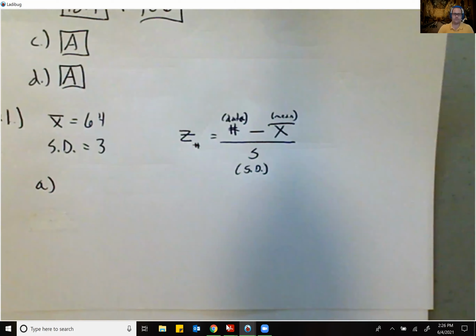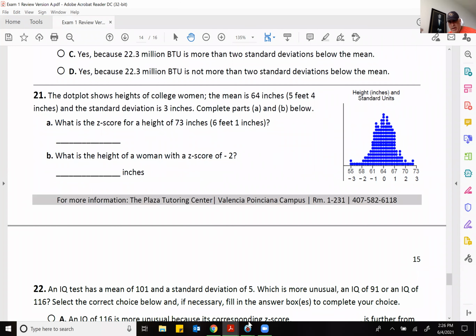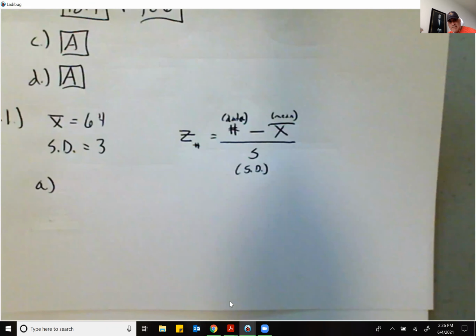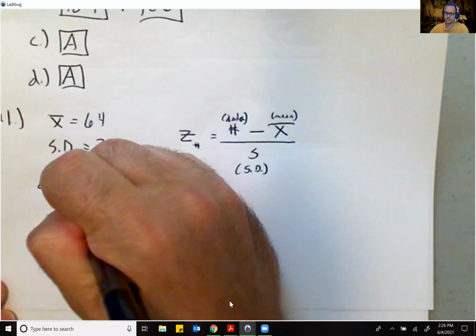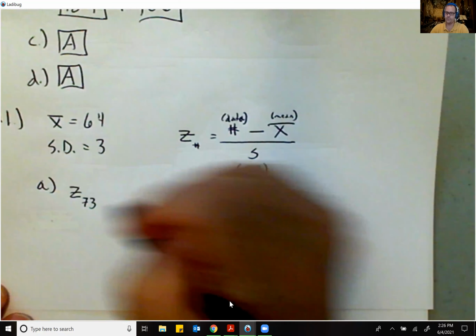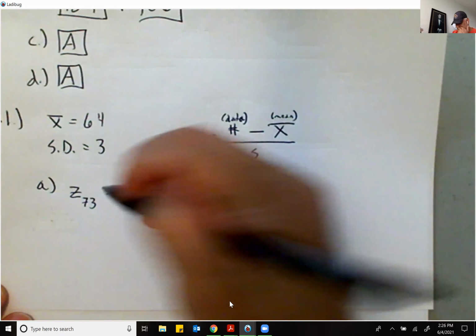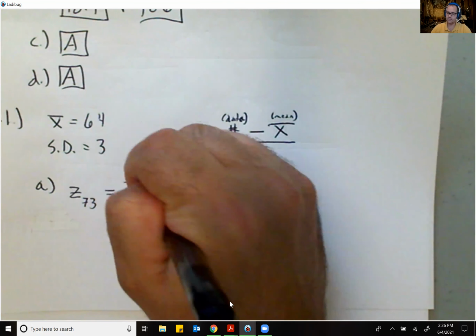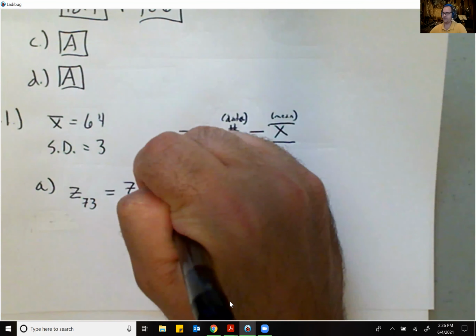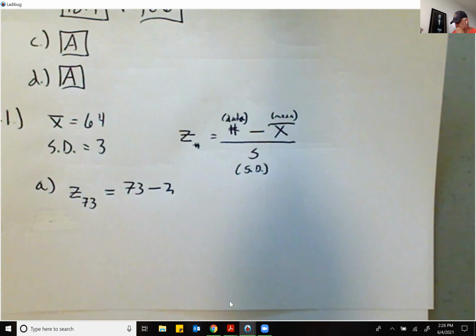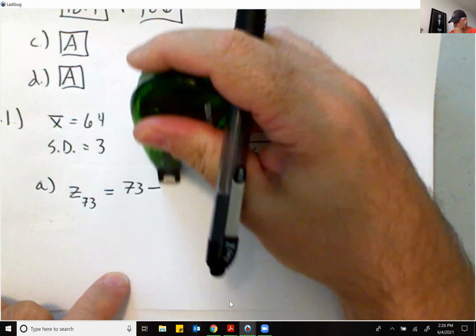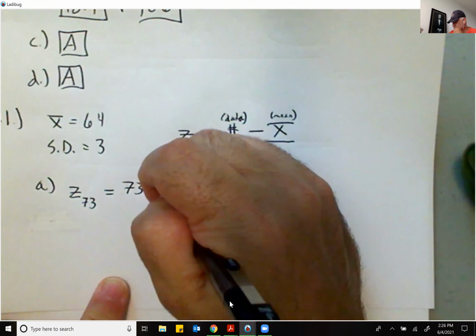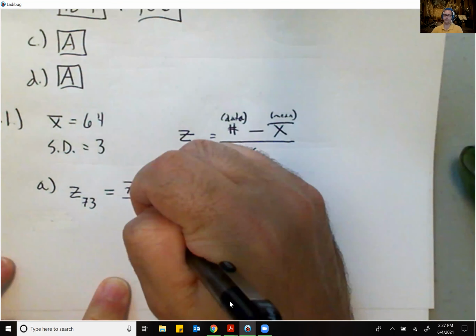So part A says, what is the z-score for a height of 73? So z-score, 73. That's what we're looking for. So 73 minus 64. And then you're going to divide that by 3.